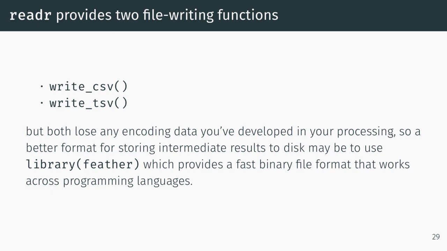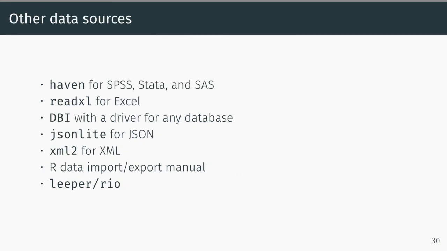So what you really would like to do to store intermediate results to disk is to use this library, Feather, which provides a fast binary file format that works across programming languages. So if you're in a situation where you need to save your R data to disk, use that in preference to these.